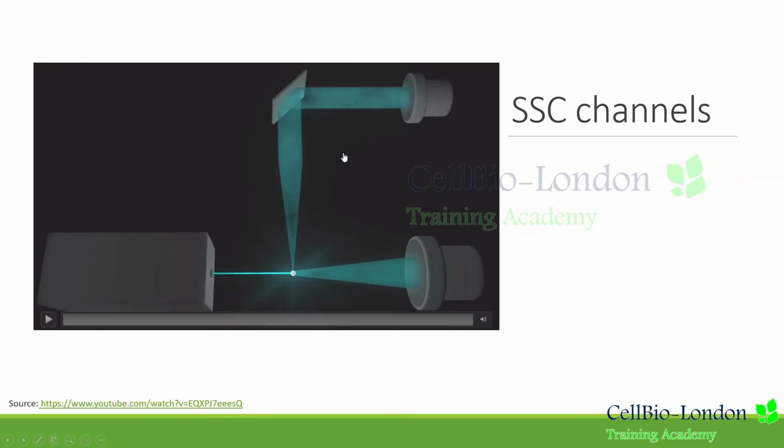It provides information about the relative complexity, for example, granularity and the internal structure of the cells or particles. Flow cytometry converts the amount of side scattered light into a voltage pulse, which is then plotted by the computer as side scatter.